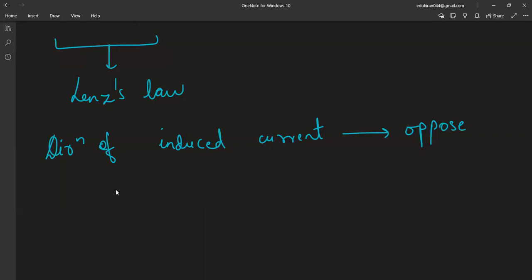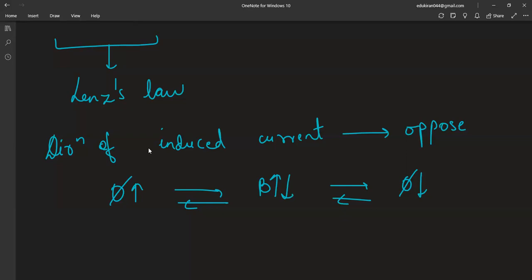If this is produced due to increase in magnetic flux, magnetic field will be increasing, that's why flux is increasing. So induced direction will be to decrease the flux. This is the whole story. And if you go reverse, if magnetic flux is decreasing, magnetic field is decreasing, it will try to increase it.